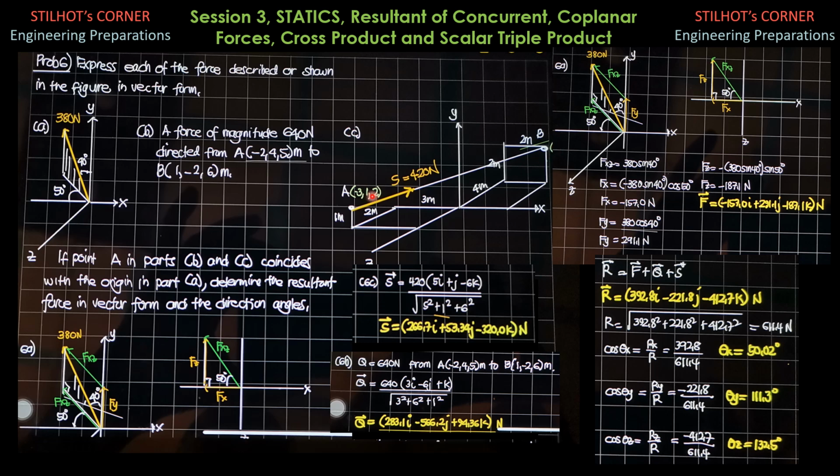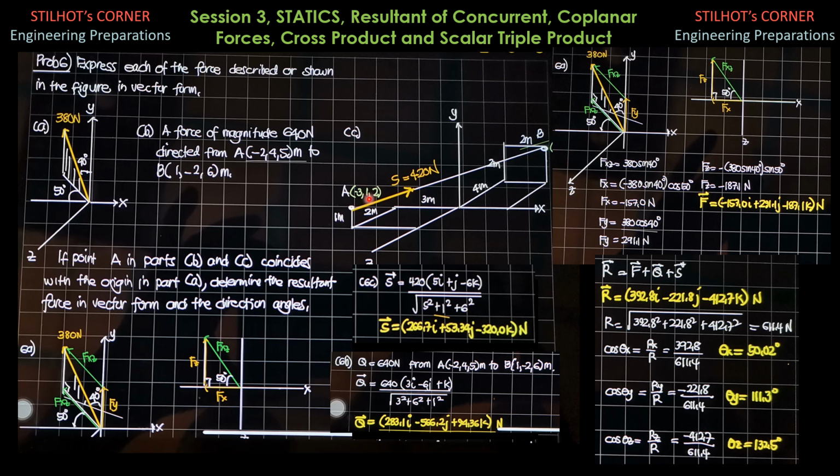By the way, point A, we have to write the coordinates. This is not part of the solution. The figure is these given white colored lines and this orange colored force. So this is part of the solution. This is x negative 3 to the left, y is 1 upward, and z is forward 2. So negative 3, 1, 2. And this is x is 2, y is 2, z is negative 4.